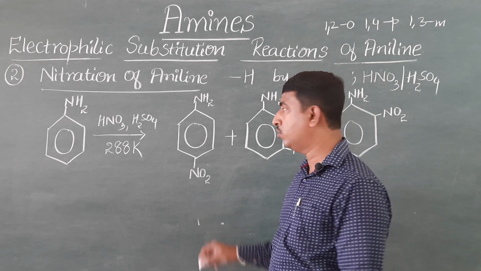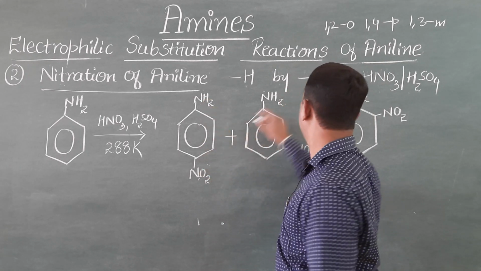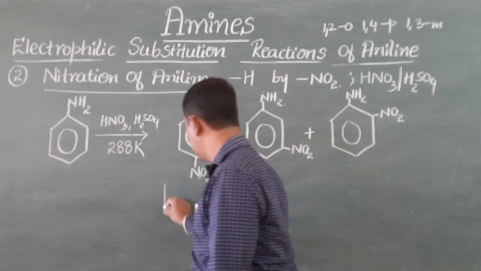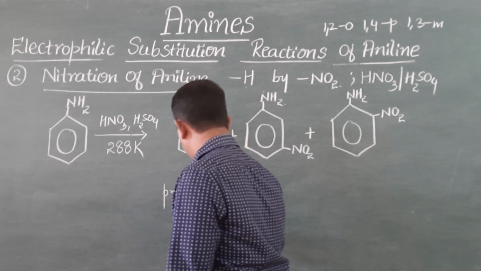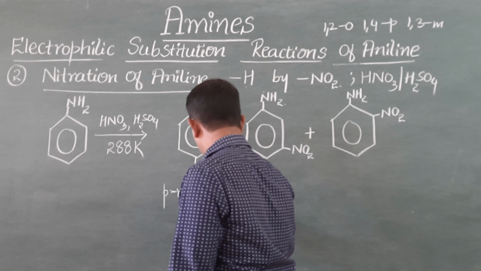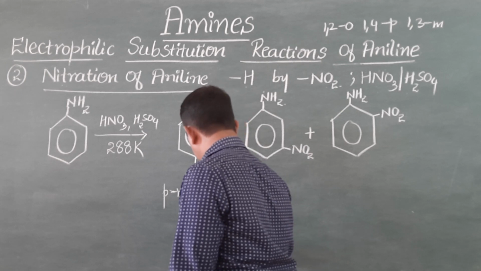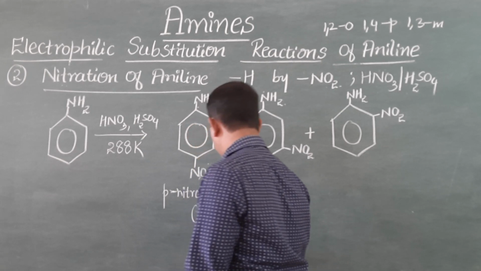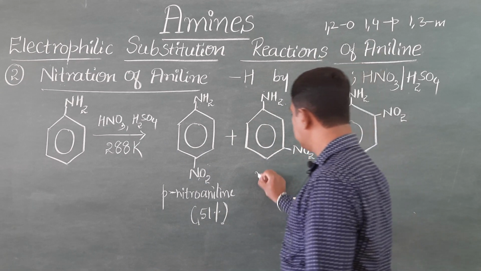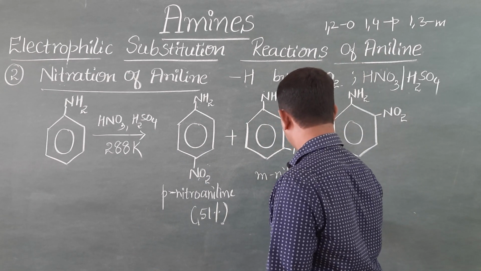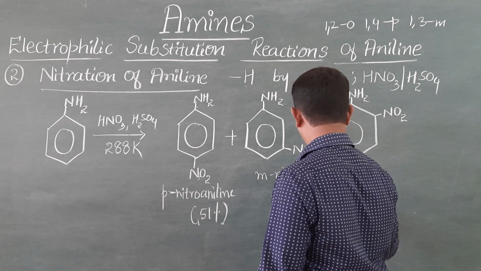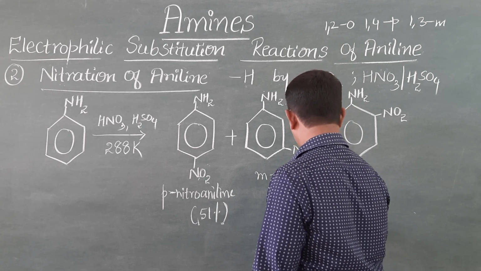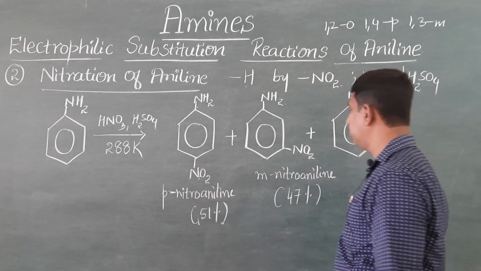What is the name of this compound? This is 1,4, which means para, para-nitroaniline, nearly 51% will be formed. This is meta-nitroaniline, nearly 47% will be formed.